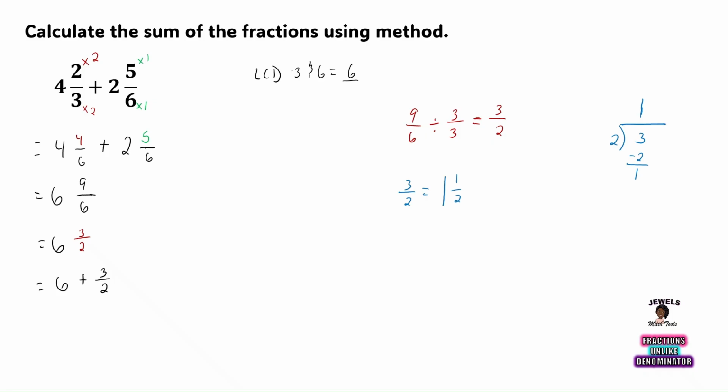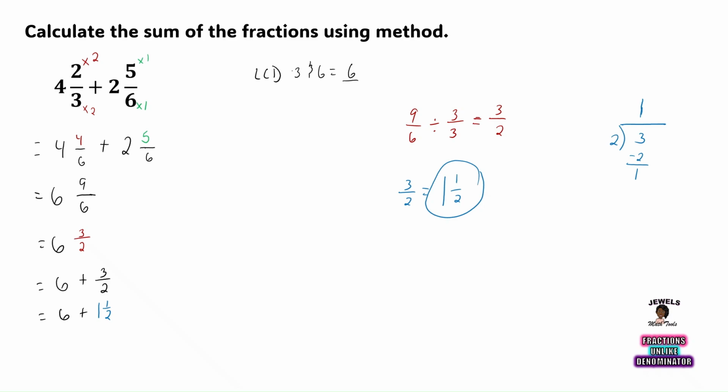Those two numbers are added together to get this mixed fraction. So now what I'm going to do is put back my 6, and where I have my 3/2, I'm going to swap that out with my mixed fraction of 1 and 1/2 that we have over here. So I'm going to plug in my 1 1/2.